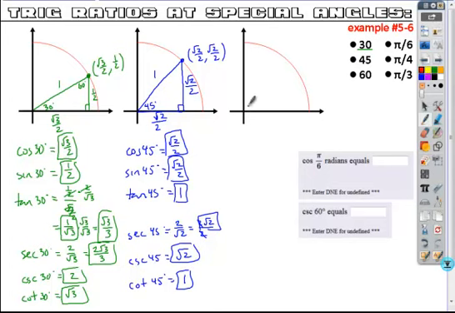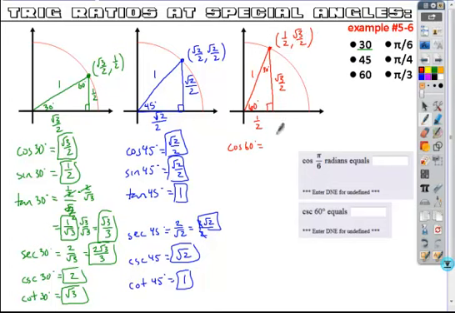And the final one: when we look at this 60-degree angle with a radius of 1, we still have a 30, 60, 90 triangle, so we don't have to do anything different than what we saw here. Opposite the 30 degrees is 1/2, and opposite the 60 degrees is root 3 over 2. So the coordinates of that point on the unit circle are an x coordinate of 1/2 and a y coordinate of root 3 over 2.